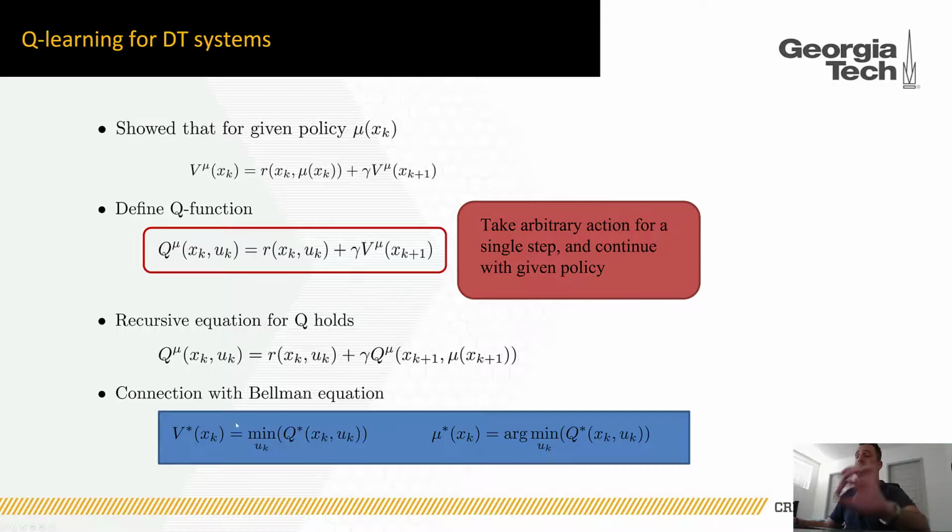Every time I minimize my Q star with respect to u, I will get the V star. And then my policy mu won't be based on H or V, but on the Q function, because it's completely model-free.